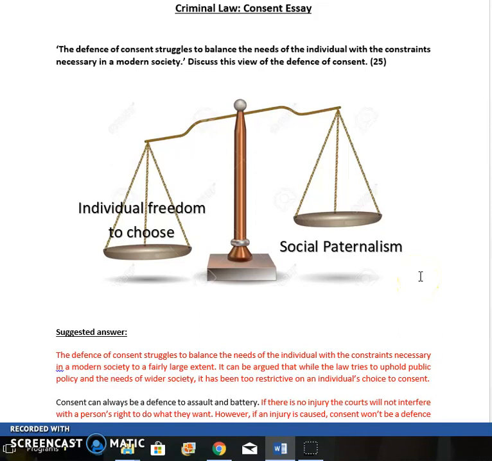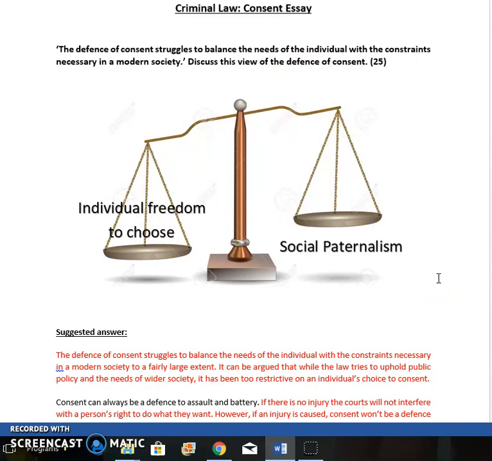And paternalism really means, it's a bit like the word parent, that we have to be paternal, we have to look after society and protect vulnerable members of it, and we have to regulate what people can and can't consent to. So there really is a balance to be met, which we need to think about when we're answering this question.